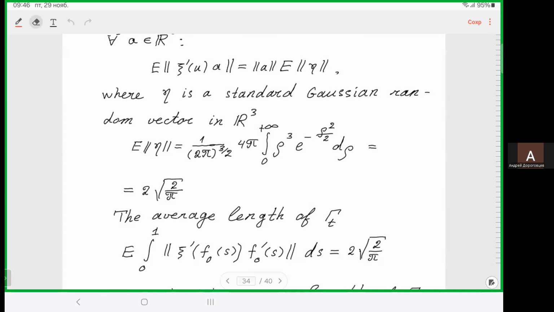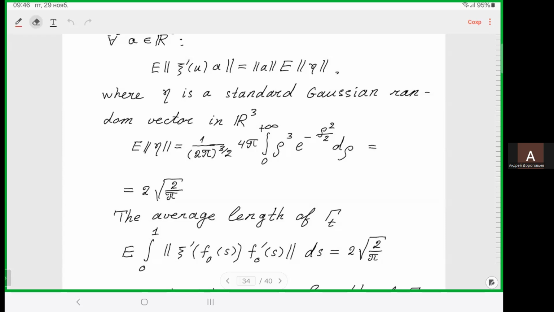And this expectation can be calculated easily and is equal to the square root of the fraction 2 over pi. Since then, the average length of our gamma t is 2 square root of pi. From this point of view, we have an interesting conclusion.